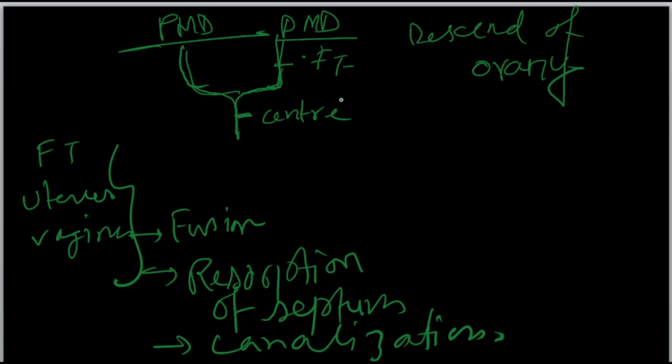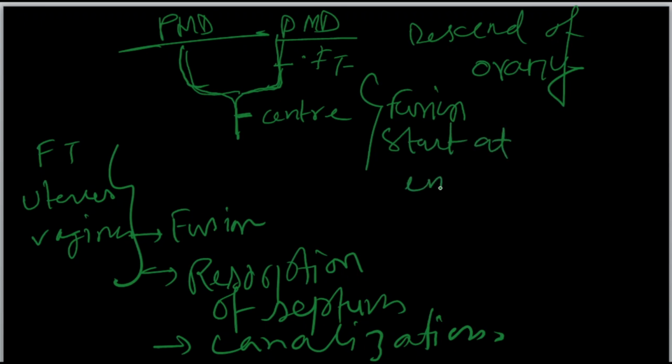It is important to know that fusion starts at center. Then it fuses craniocaudally. Then complete fusion occurs. After fusion, there is starting of resorption and canalization and formation of uterine cavity.